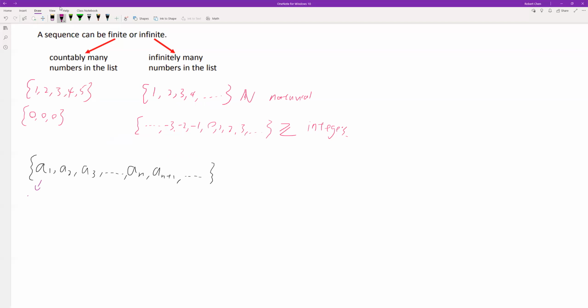So for example, that will be the first term, second, third, and so on, right? And then a sub n will be the nth term, and a_(n+1) will be the (n+1)th term. Okay, so just some notation for representing either a finite sequence or infinite sequence.